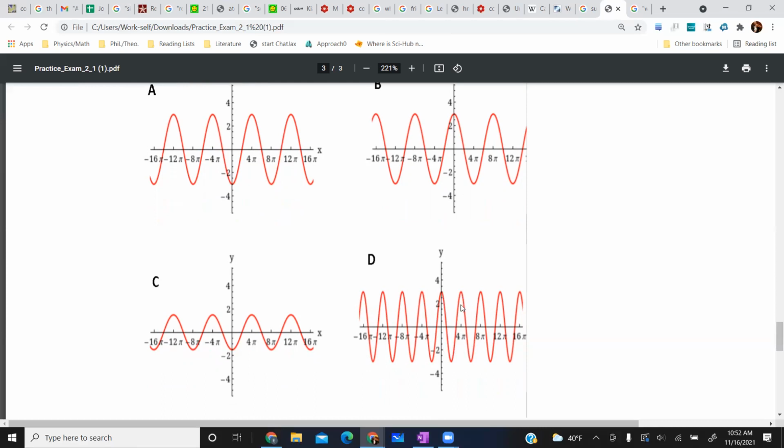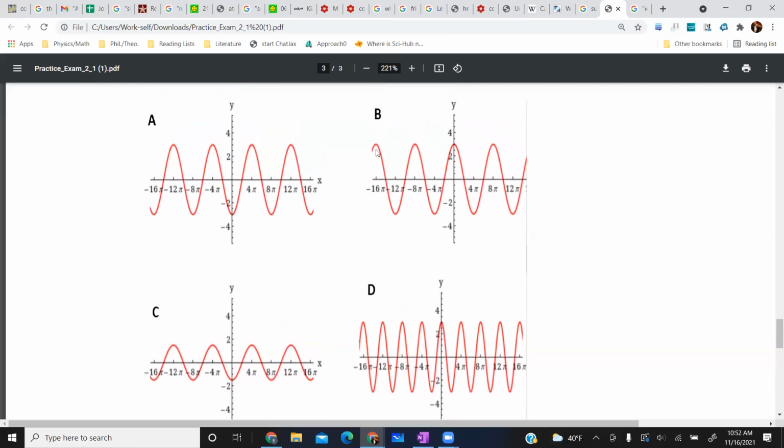So that means it's repeating itself on the interval 0 to 8 pi. So that shows that this function does not have a period of 8 pi. So that means D can't be the option. And of course, the only option then is B. So we can just write down B immediately.